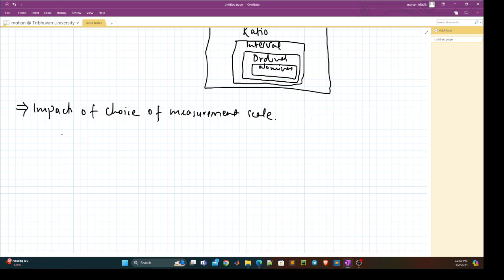Okay, choice of measurement scale. First one is data level, second is meaningful operations, and third one is statistical methods.